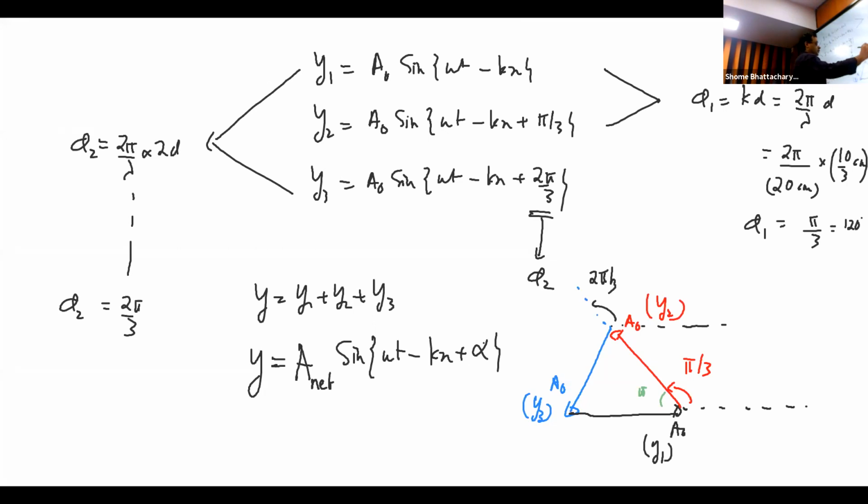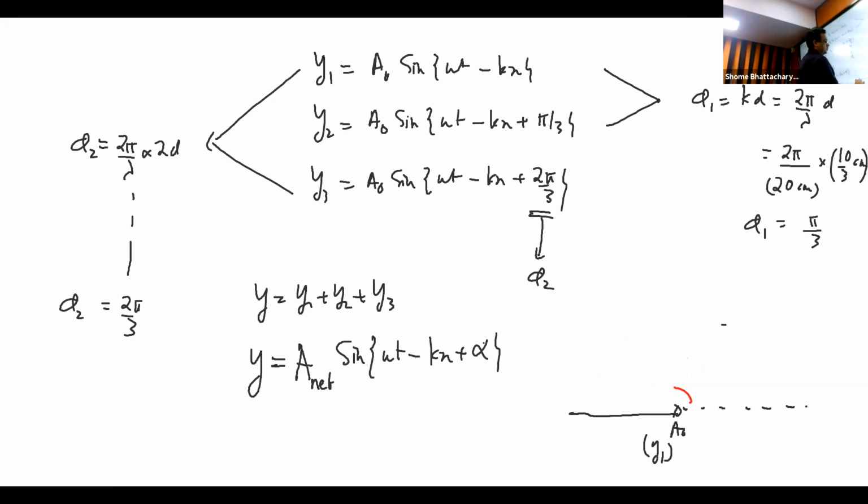It's 60 degrees, not 120 degrees. So I'll have to adjust this phasor diagram. This is 60 degrees, this one is 60 degrees, and this one is 120 degrees. So it will not in fact give me 0 amplitude, it will give me this kind of a diagram.